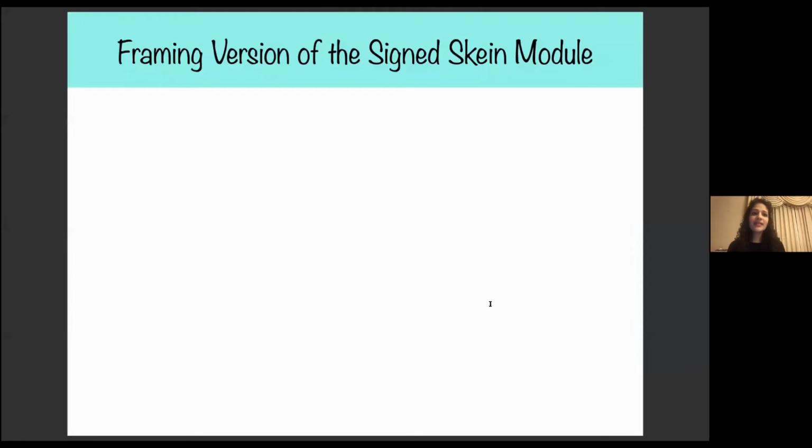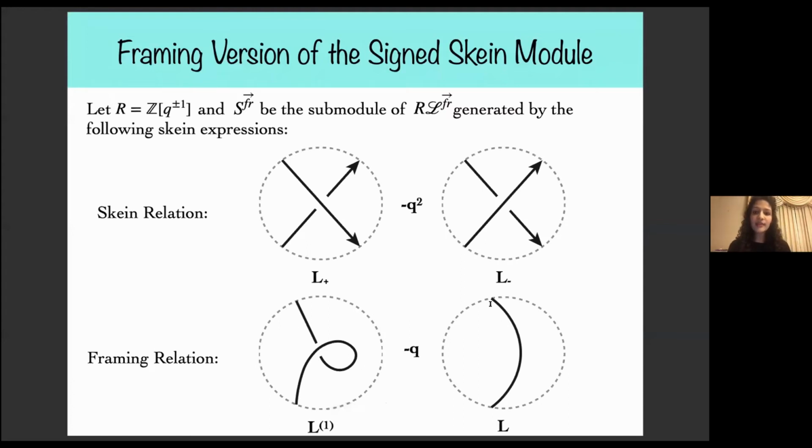Let's discuss the Q deformation of the signed Skein module, also known as the framing version of the signed Skein module. So how do we define this? Well, we consider formal linear combinations of oriented framed links in an oriented 3 manifold over the ring of Laurent polynomials with the indeterminate Q. And then you consider the submodule which is generated by these two relations.